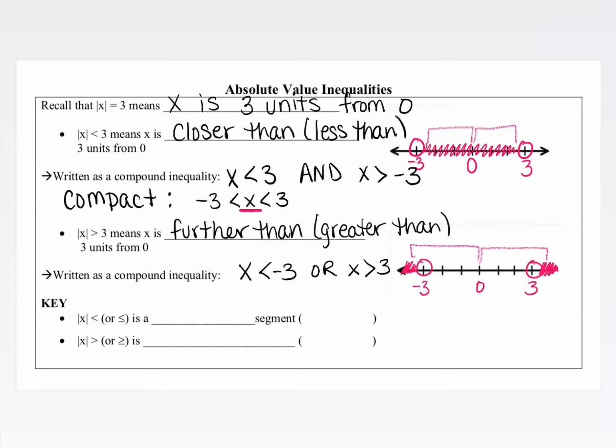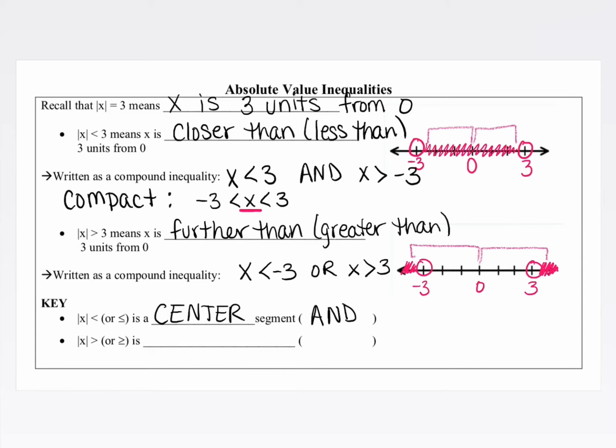So a helpful key that I like to do is whenever we have the absolute value of x is less than or equal to, this is a center segment for where you would shade. And this represents an and absolute value inequality.